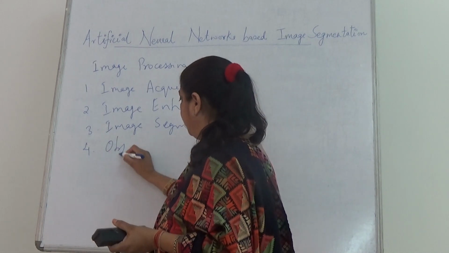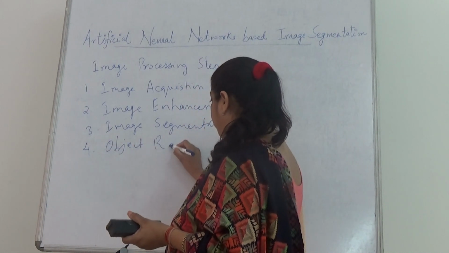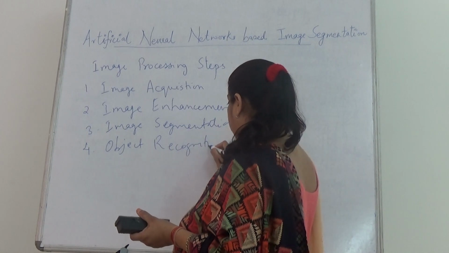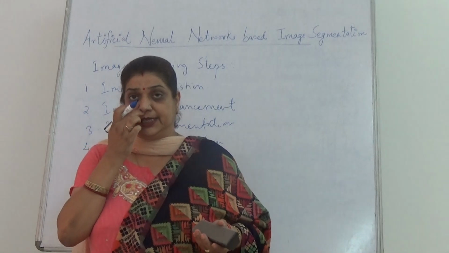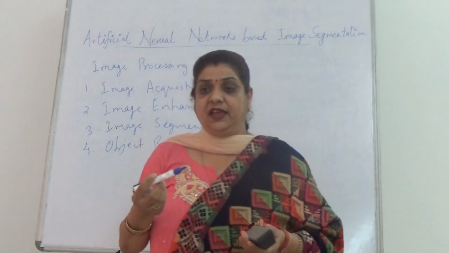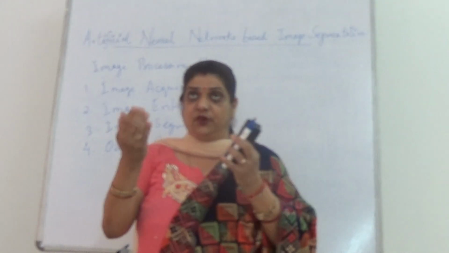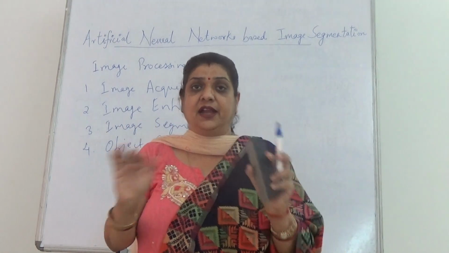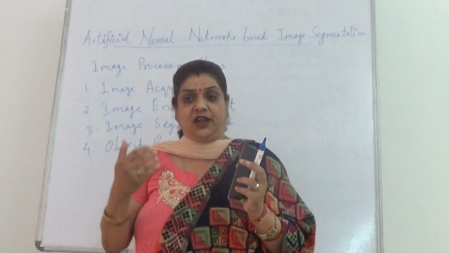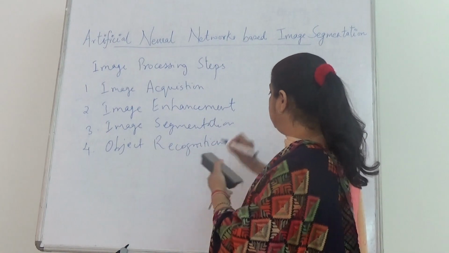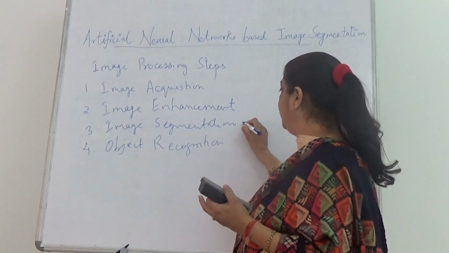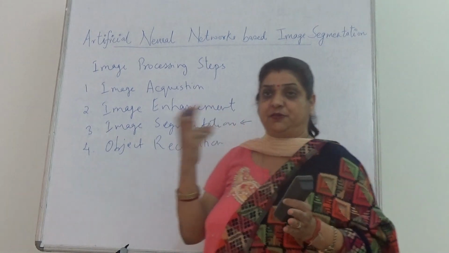Object recognition, which is much in demand in today's scenario, is basically to identify or recognize an object out of a given category or class. So image segmentation is one of the most important steps involved in image processing.